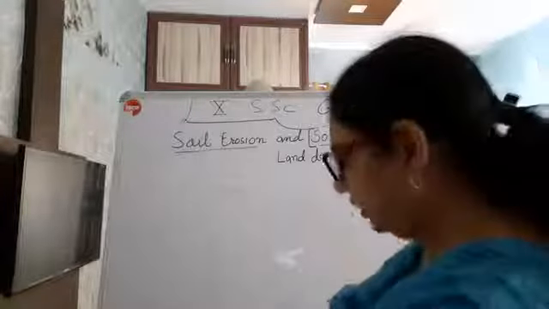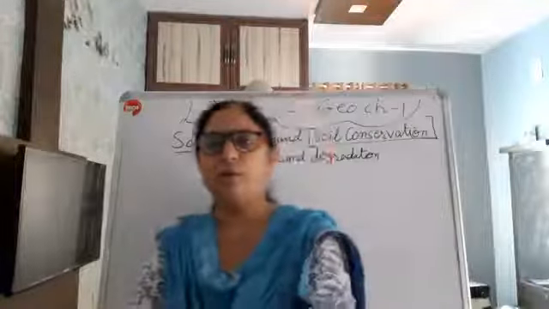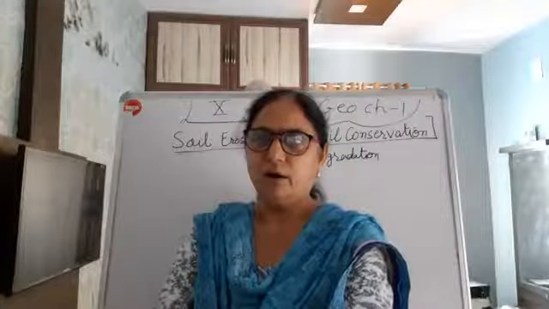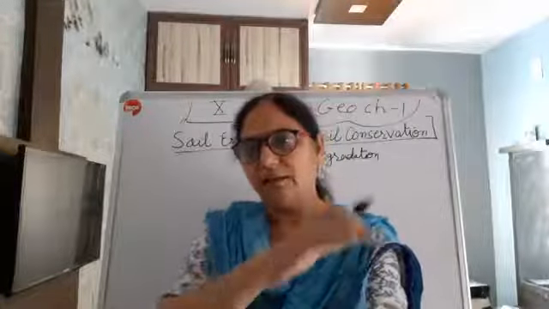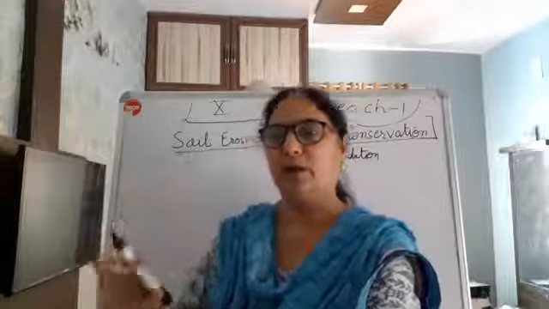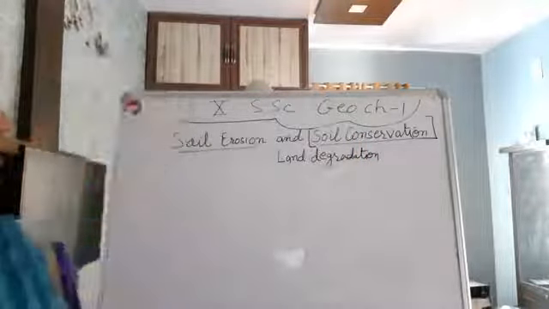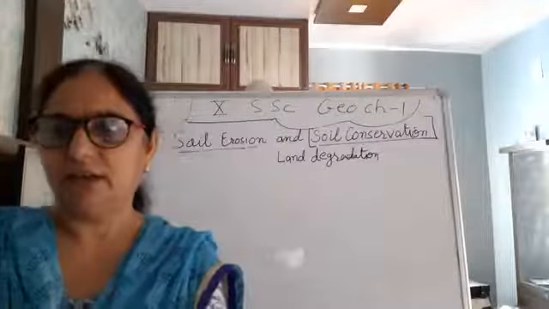Here, soil erosion means the topmost layer of the soil gets washed away, removed through different agents like wind, water and air.